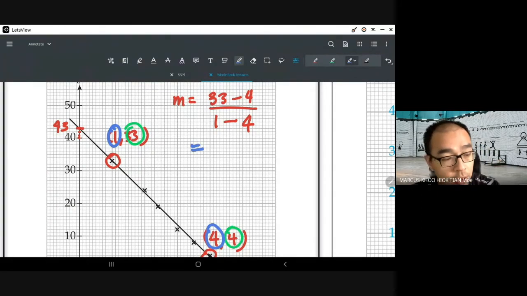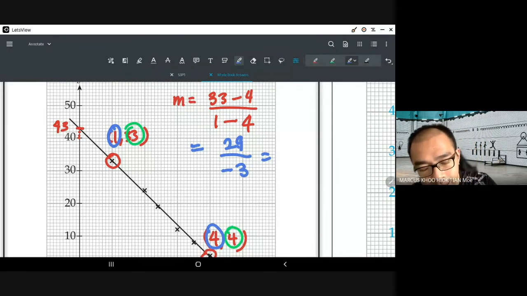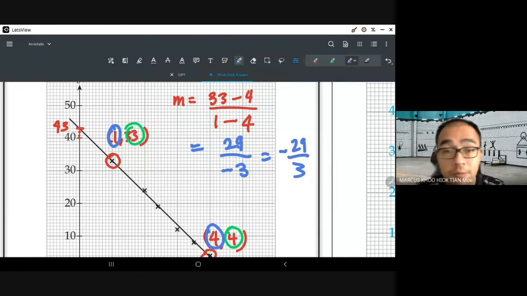Okay, so 33 minus 4 will give us 29. Okay, so 29 divided by -3, which will give me, hold on, -29 over 3. Okay, give me your answer in fraction.